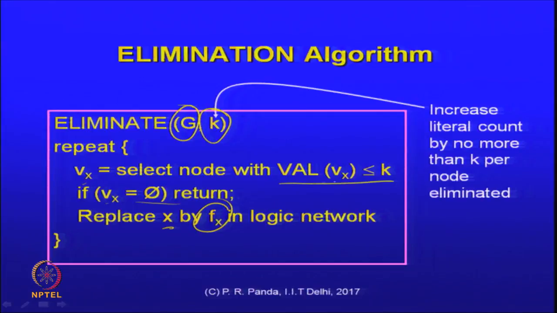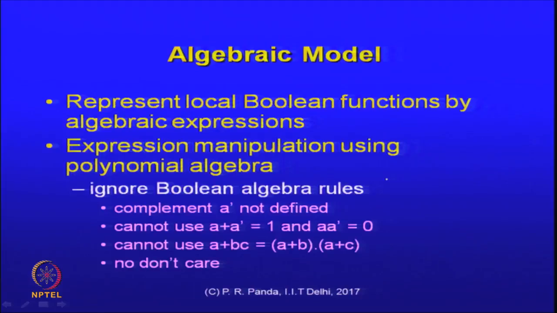This is a relatively simplistic computation here, just saying it is less than or equal to k. It could be that you define this not on a per node basis, but for the entire network. When you are about to exceed the total k that you are allowed to expand by, then you can just stop the algorithm. That is a simple strategy.